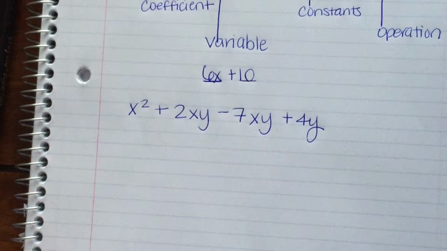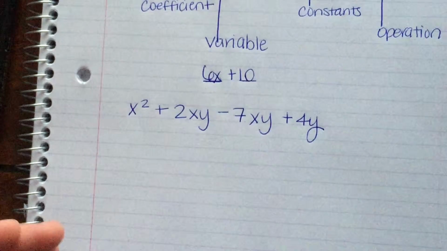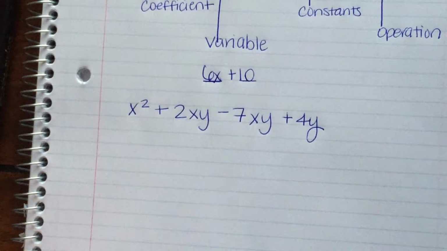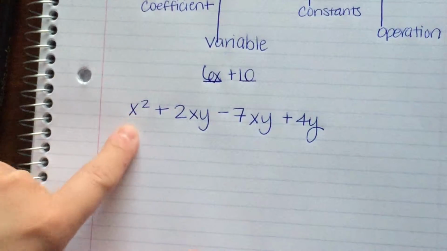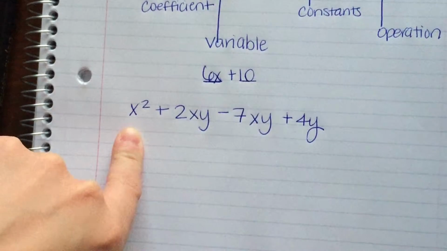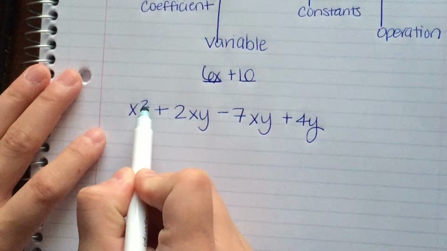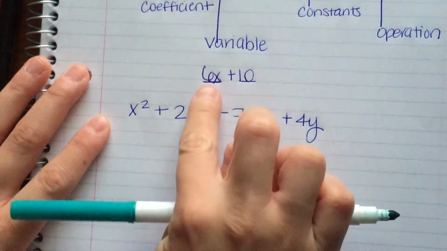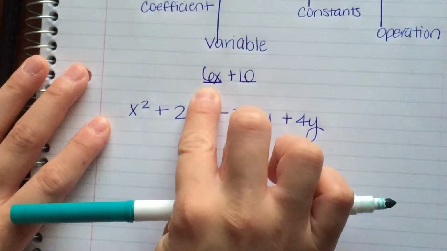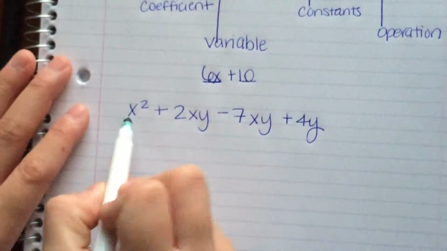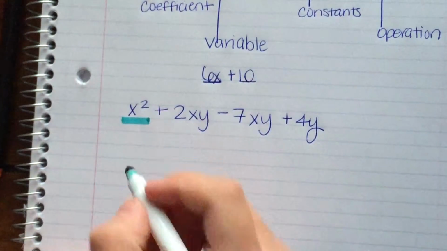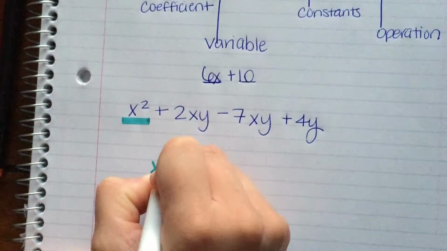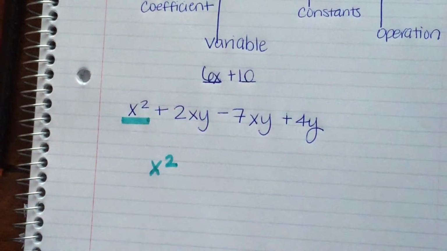Our variable terms have to have the same variable, and they also have to have the same power. So x squared is not the same as, say, 6x. So those would not be able to be combined. So unfortunately, this guy is all by himself. So we will write x squared down below.